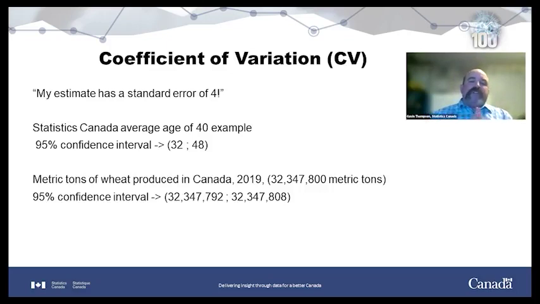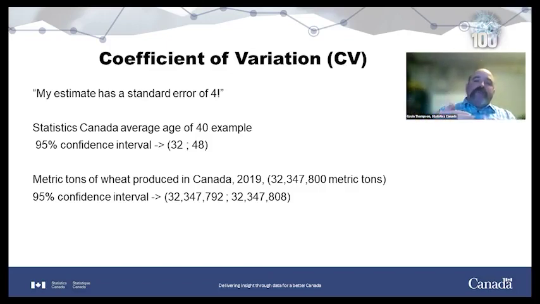A 95% confidence interval on this would be 32,347,792 to 808. I know for a fact that those last 2 digits on the metric tons are just rounded anyways, so this confidence interval doesn't make any sense. But we now see the problem with what happens if I have a standard error of 4 on a value of 40, and what happens if I have a standard error of 4 on a value of 32 million.